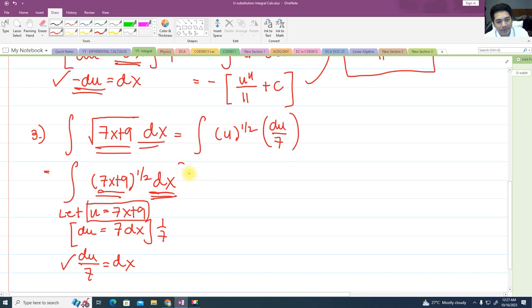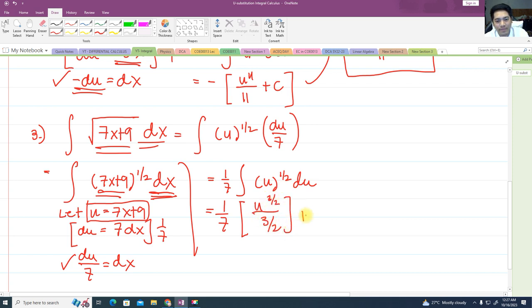We can now factor out 1 over 7 outside of the integral sign because of the constant rule. So 1 over 7 times the integral of u raised to 1/2 du, and then proceed with the integral. That's the power rule: 1/2 plus 1 becomes 3/2, all over 3/2, plus c.